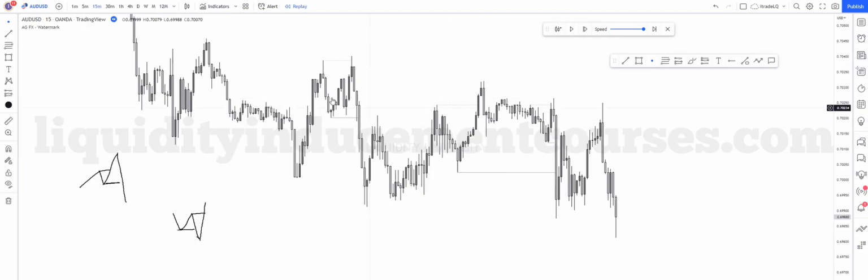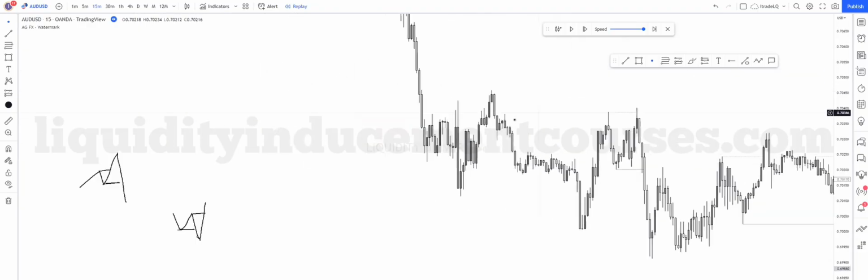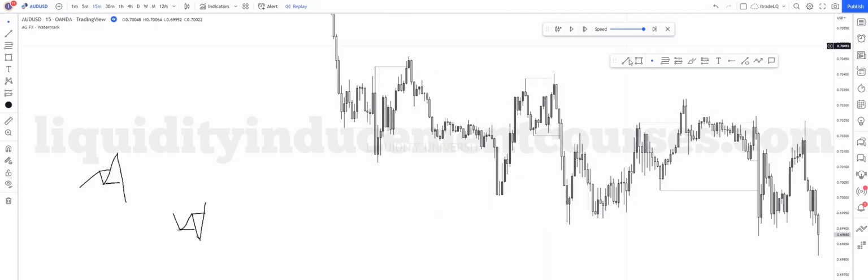Okay, so now let's look for some strong lows. Here's one, for example. All right, so got a crazy break of structure, there we go, strong low.